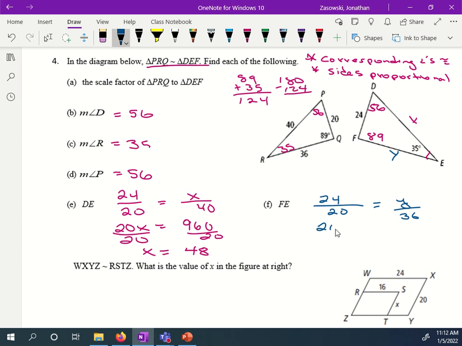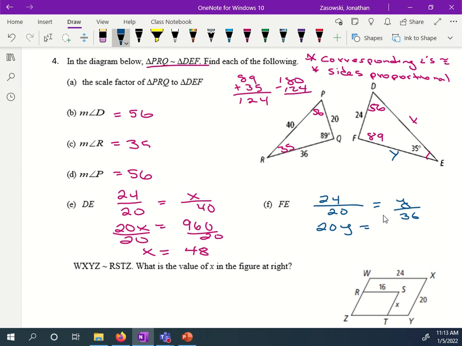Cross multiply, we're going to get 20Y is equal to, you guys have this one? 24 times 36 is? Did we get this far? Okay. And then final answer? All right.